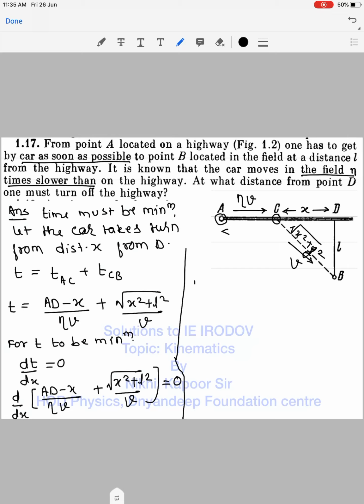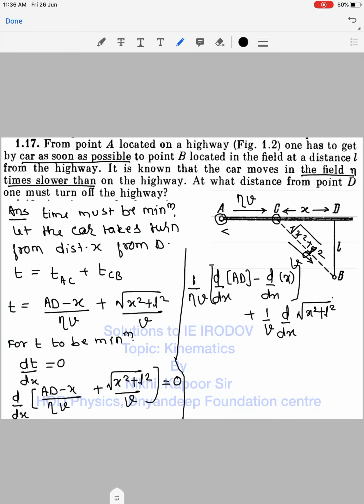So let's differentiate. So here 1 upon eta v is constant and the derivative will go inside. So it will be derivative of AD minus derivative of x first, plus again 1 upon v is constant, so it will be derivative of under root x square plus L square equal to 0.